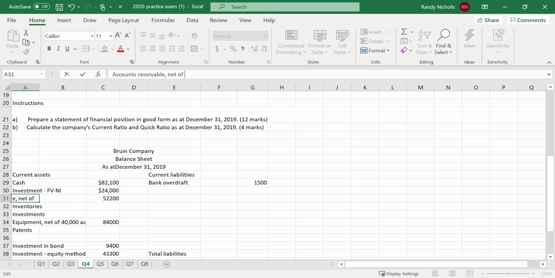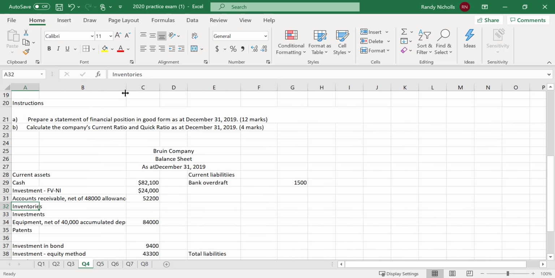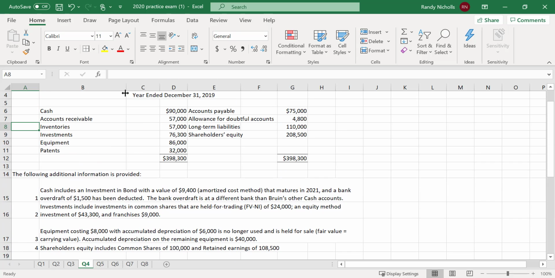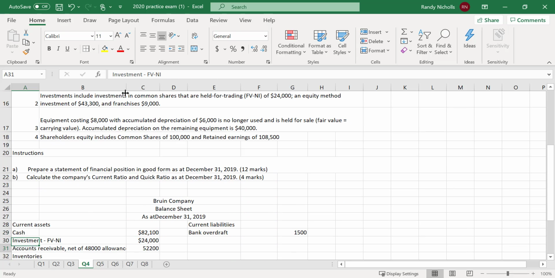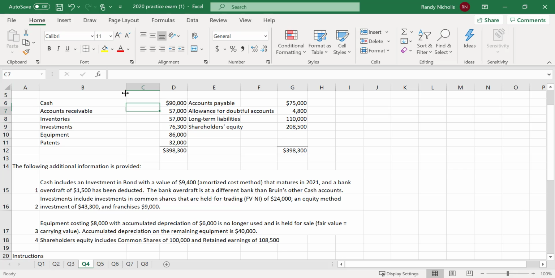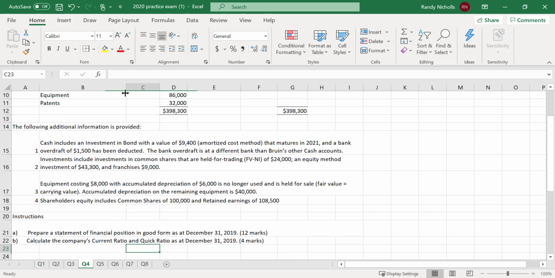Net of $4,800 allowance. A few more words than that might be all right, but inventory is also a current asset, 57,000. And it would be next in line. The investments we dealt with, the equipment we dealt with, and we have patents of 32.